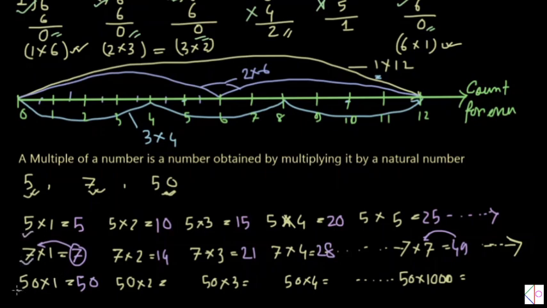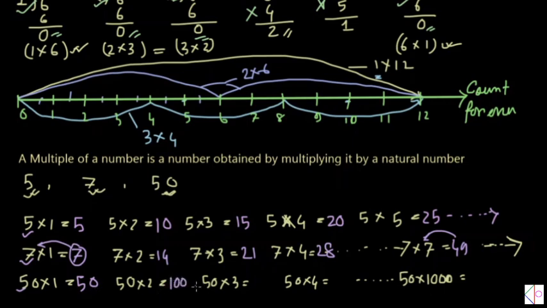Here you see in all the cases the number itself is the first multiple. In the earlier case, in case of factors, the last one is the factor itself, but in case of multiples, the first value is the multiple itself, the number itself.